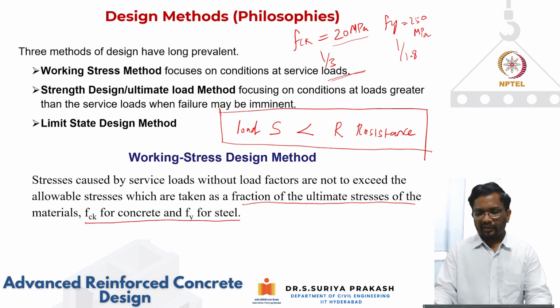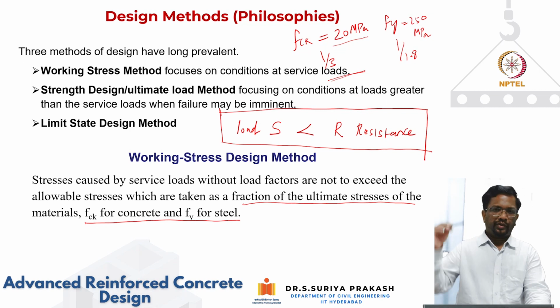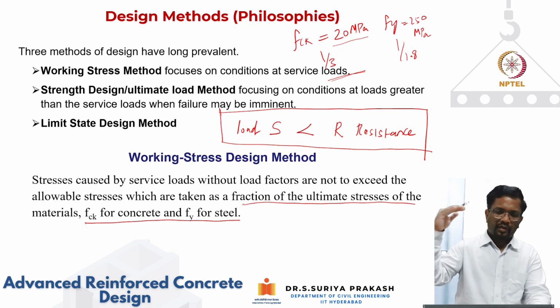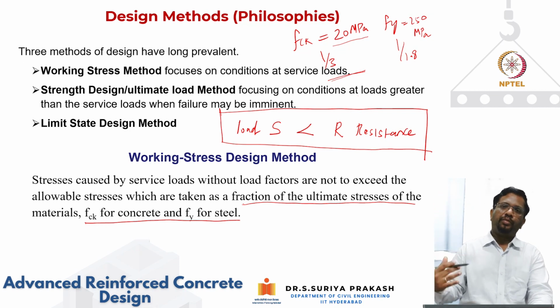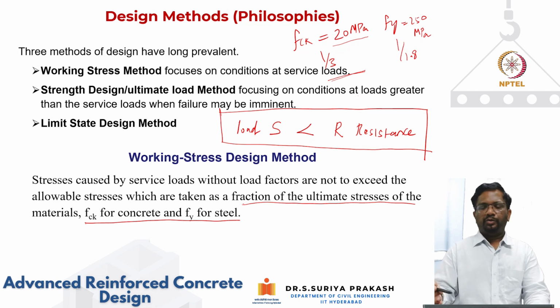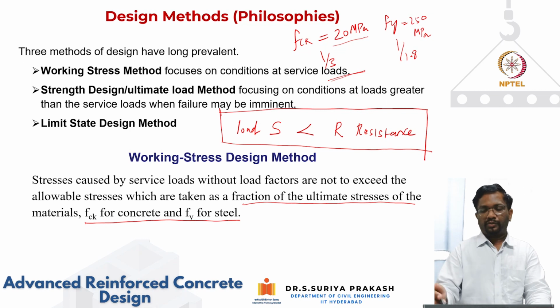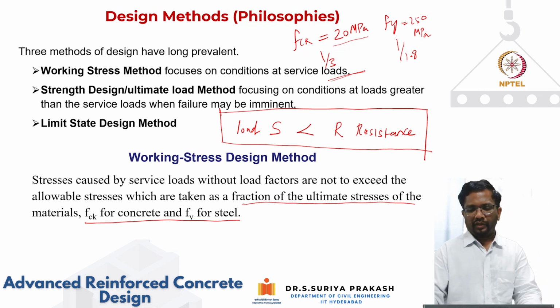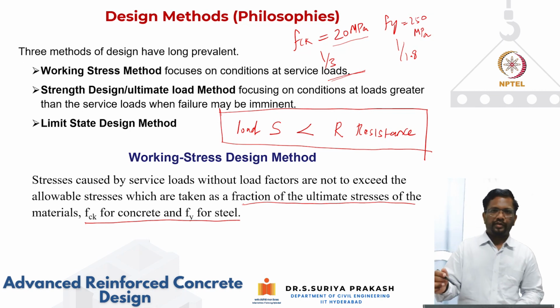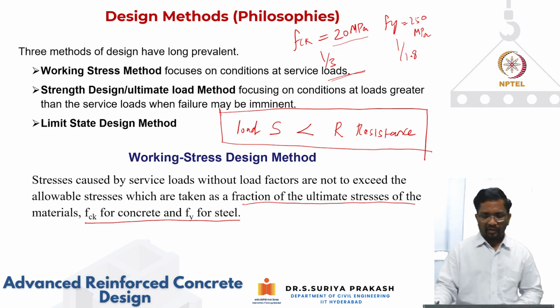However, in the resistance calculations, we don't take the peak or ultimate values, but reduce them by some factor of safety. Usually for concrete the factor of safety is three, and for steel it is 1.8, to limit your allowable stresses.